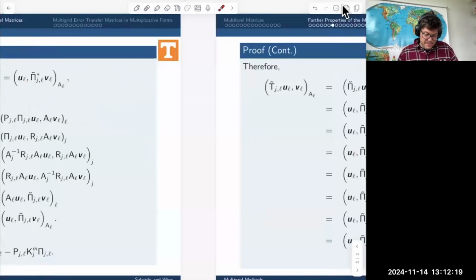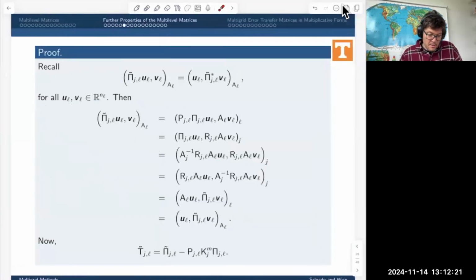Okay, so I think this proof is a little bit long, so bear with me. Let's recall a definition or a property. If I want to compute this adjoint in the AL inner product, this is a square matrix of size NL by NL.